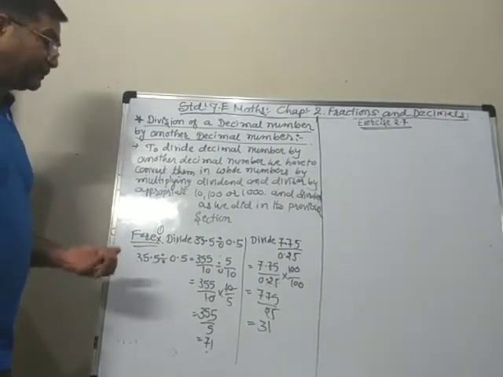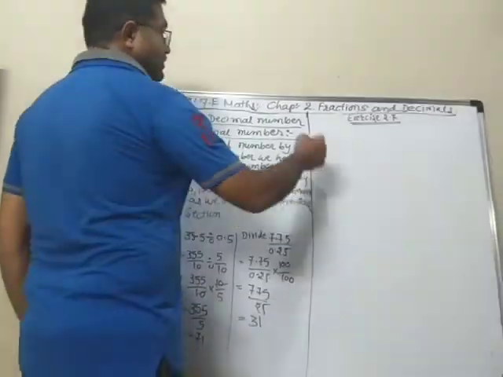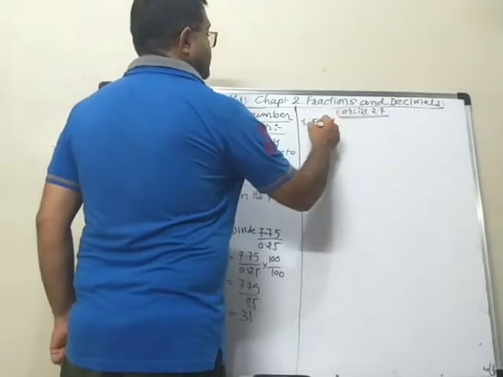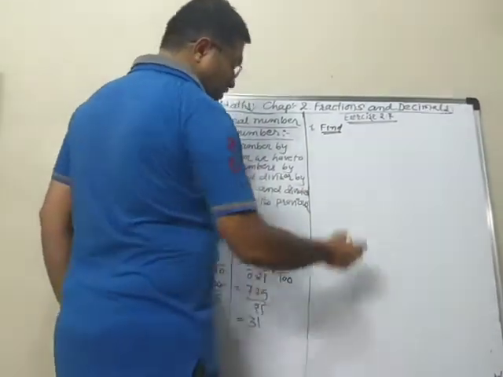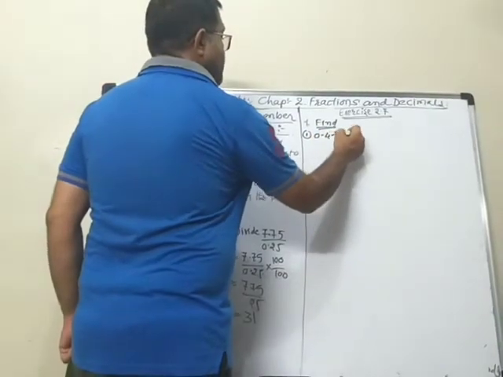Now after this we are going to start our exercise 2.7, question number 1. Find. First question is 0.4 divided by 2.